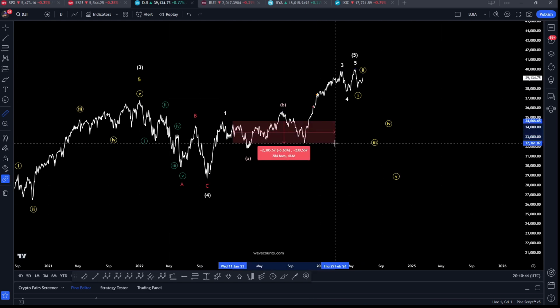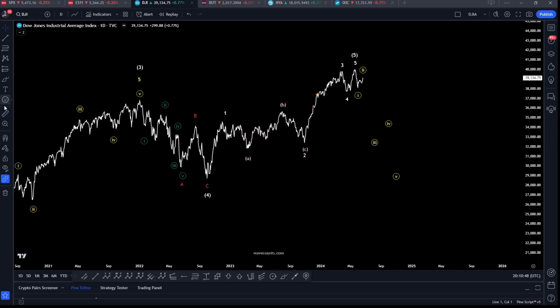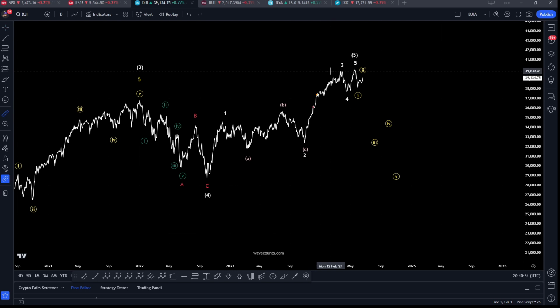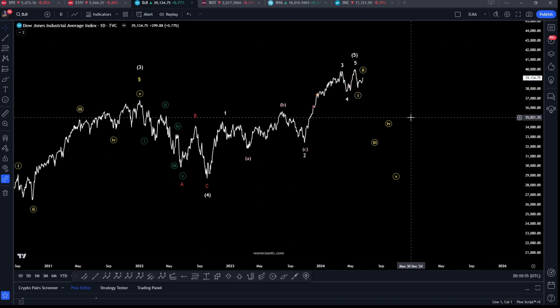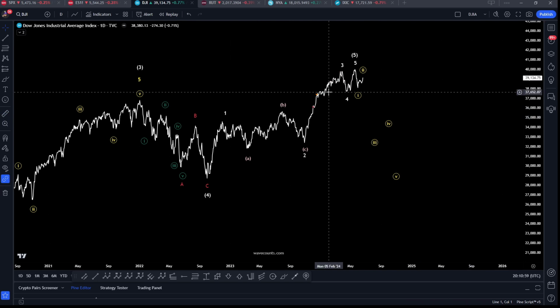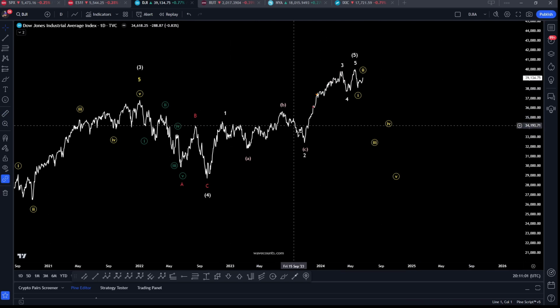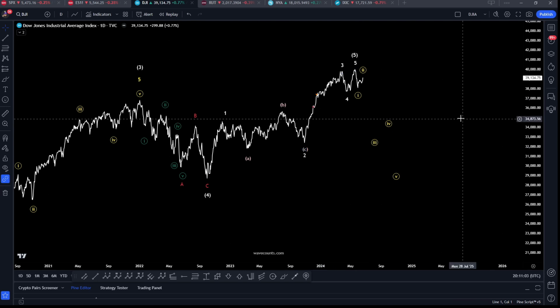So wave 2 retraced a total of about 6.5%. This being a fourth wave retraced about 5.5%, with alternation. You have a flat 2 and a zigzag 4.